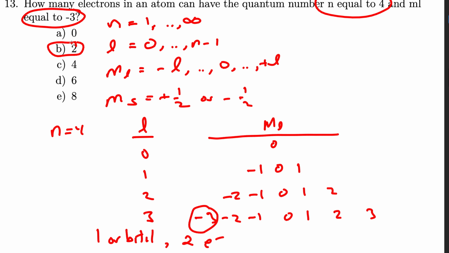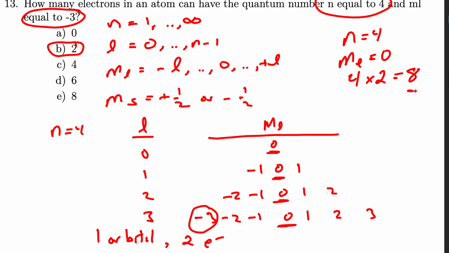Now if I had asked n equals 4 and m sub L equals 0, you'd notice you get 4 orbitals, 2 electrons per orbital. The answer would have been 8.